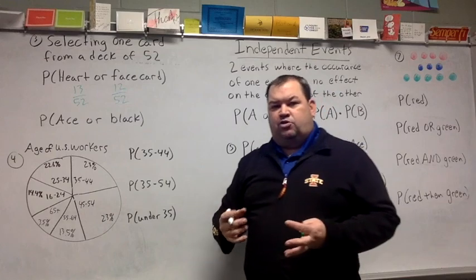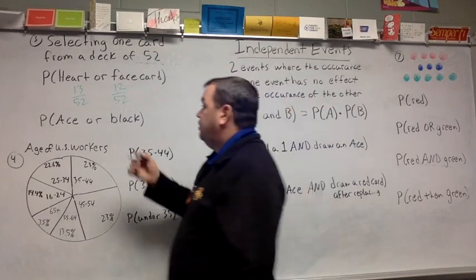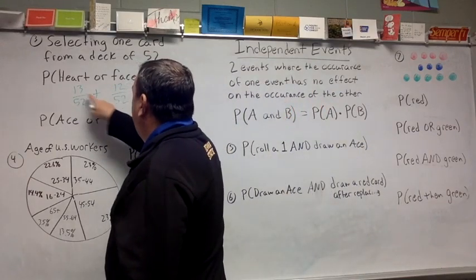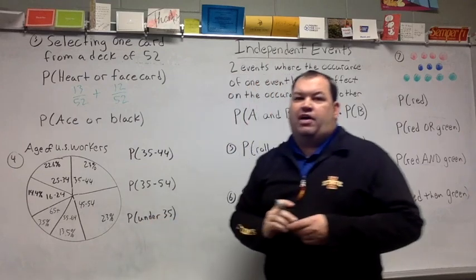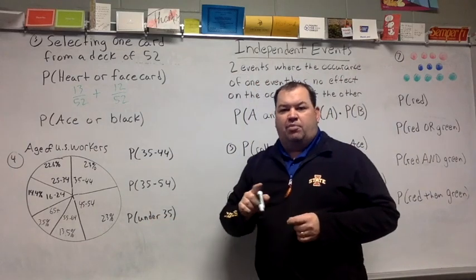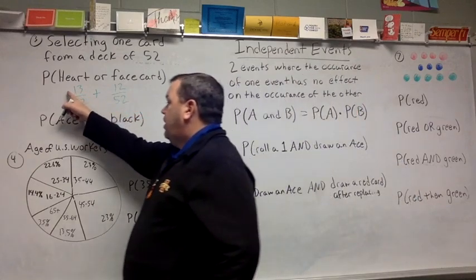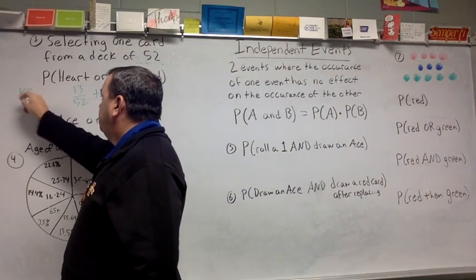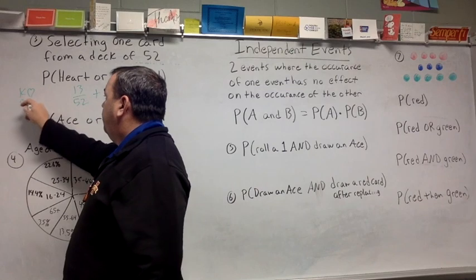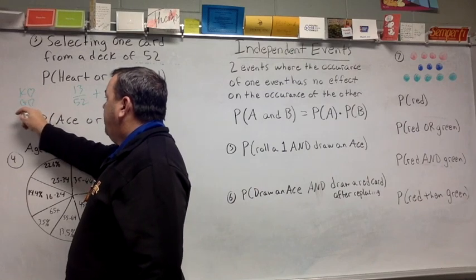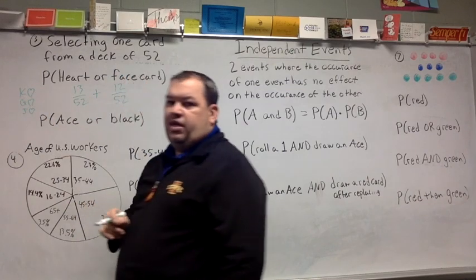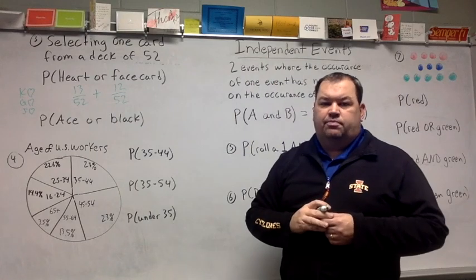So I'm going to add these 2 possibilities because I'm successful. I have a positive outcome for all 25 of these. But there's a problem with some of my answers. Over here, I counted the king of hearts, the queen of hearts, and the jack of hearts because they are hearts.